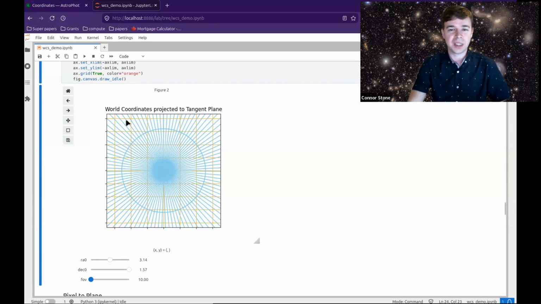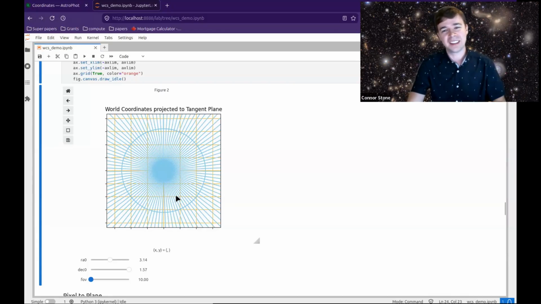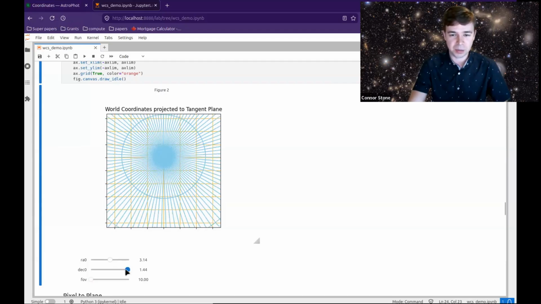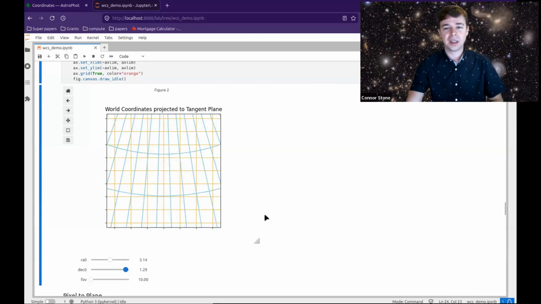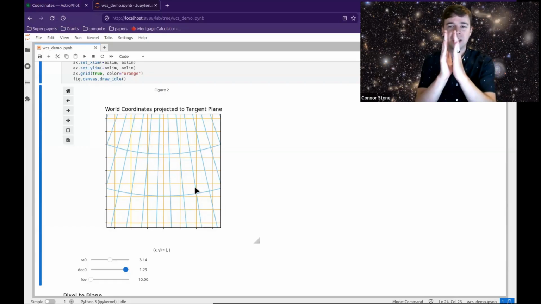The RA coordinates, the spacing between them is a function of declination. And so it doesn't matter if you zoom in infinitely far, and it doesn't need to just be the poles. You can go anywhere. Anywhere that isn't the equator, it doesn't matter if you infinitely zoom in, the RA coordinates are still squished to each other.